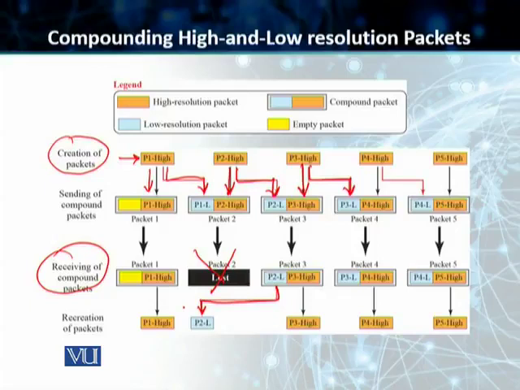Students, in this method, if the last packet is lost, because we don't have a packet number 6, we have no way that packet number 5 can be recovered. But using this low resolution version of the packet, given that it's not the last one, we can recover all the other packets that make up our transmission.